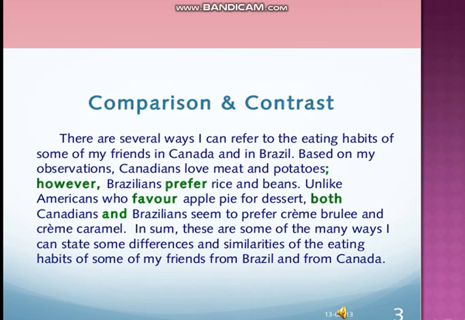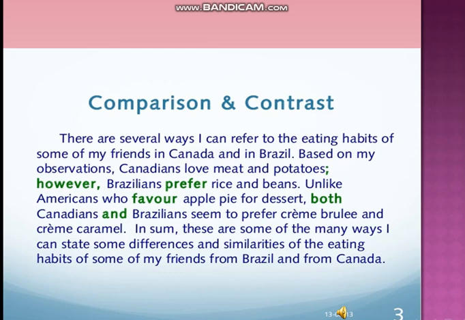Here is a model of a comparison and contrast essay. Look carefully at the thesis statement. There are several ways I can refer to the eating habits of some of my friends in Canada and in Brazil. Based on my observations, Canadians love meat and potatoes. However, Brazilians prefer rice and beans. Unlike Americans who favor apple pie for dessert, both Canadians and Brazilians seem to prefer creme brulee and creme caramel.